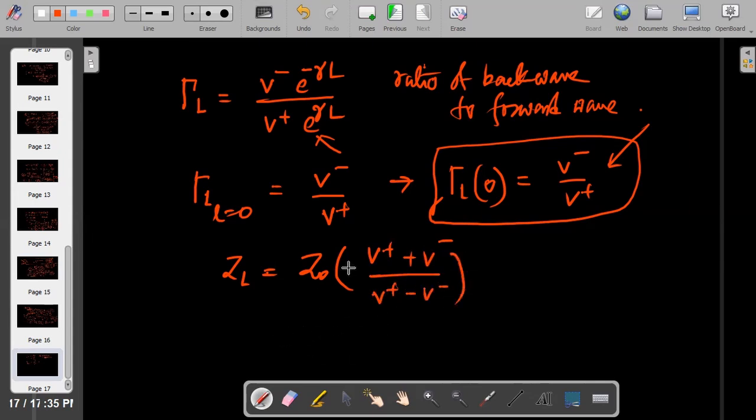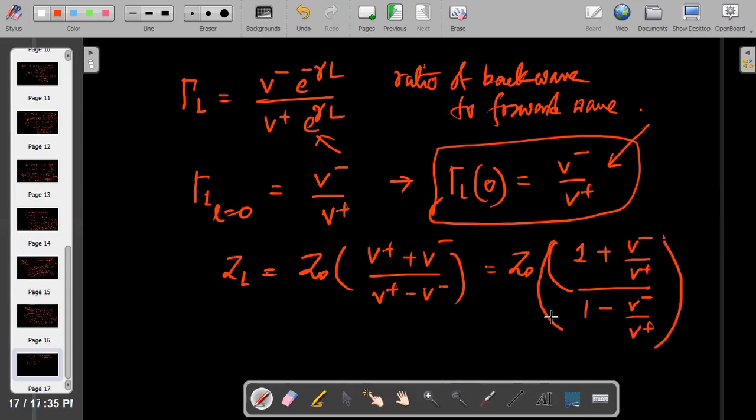Correct? Now can I represent it in the form of this gamma L? It is very simple. This is 1 plus V minus. Can I write like that? You check. I am dividing by V plus.